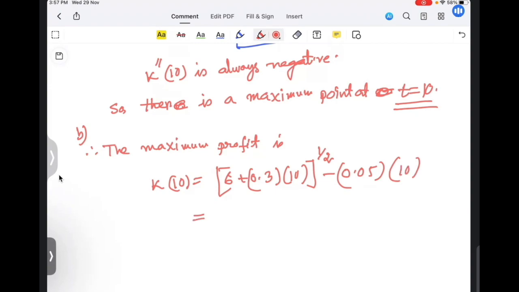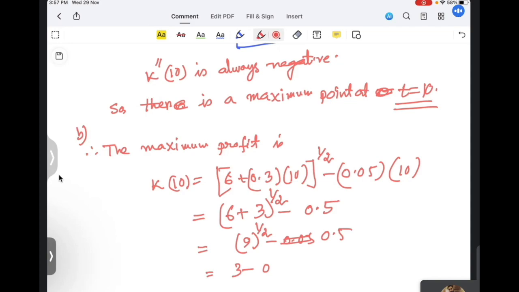This is the calculation you make mistakes in, that's why I am doing it. So (6 plus 3) to the power half minus 0.05 into 10, how much will that be? 0.5. Yes, sir. 9 to the power half is 3, minus 0.5, which is 2.5.